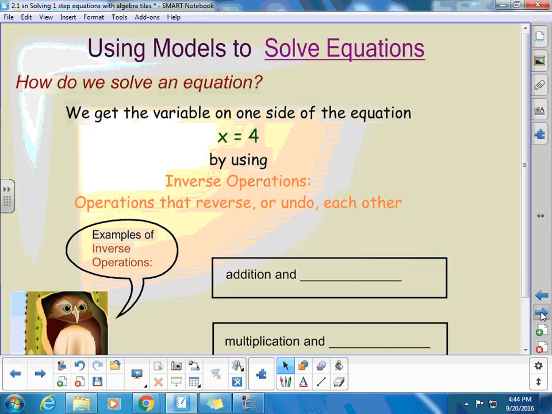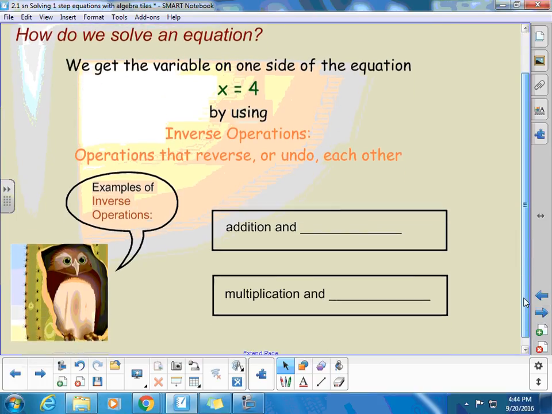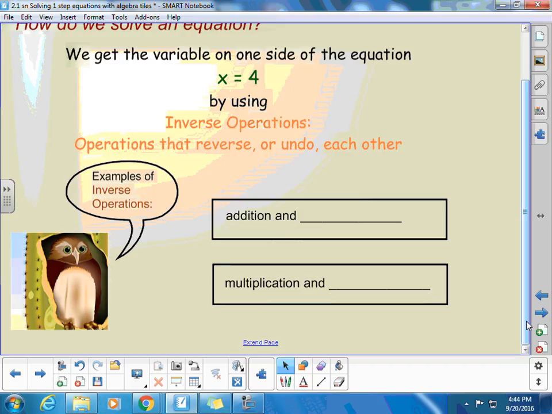So using models to solve equations, how do we solve an equation? We have to get the variable on one side of the equation, like x equals 4, by using inverse operations. So operations that reverse or undo each other. When I think of inverse operations, I think of 2 main ones.